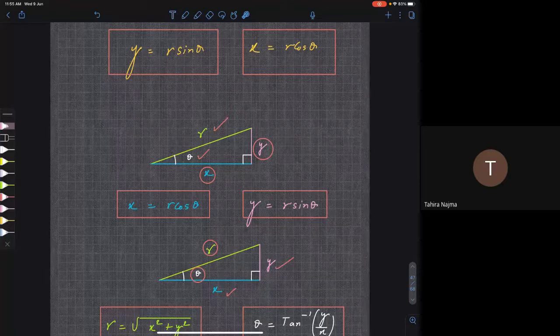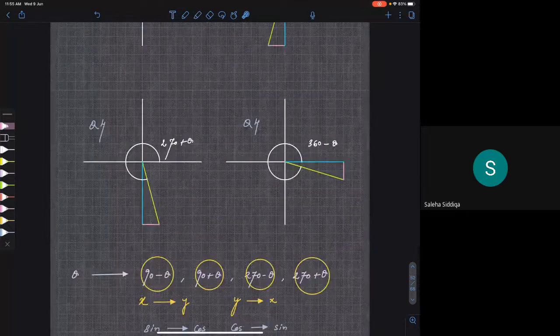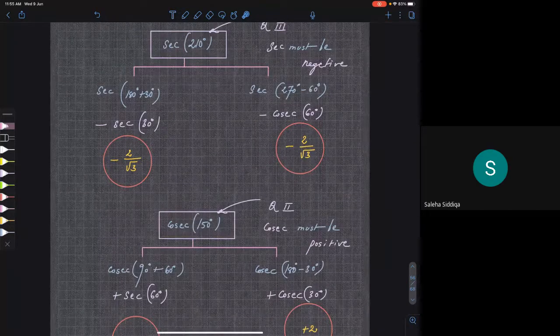So what is x equal to? r cos theta, and what is y equal to? r sin theta. Remember, the side which is adjacent to theta is always r cos theta, and the side which is opposite to theta is always r sin theta. Are you getting my point? This thing is extremely important, extremely common.